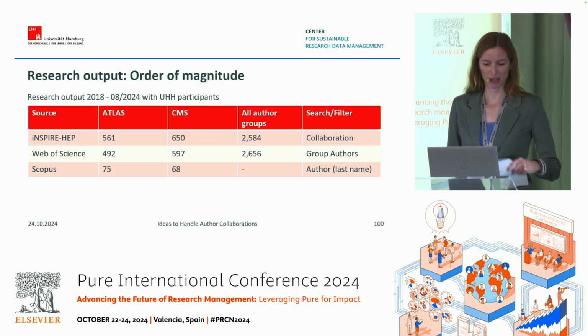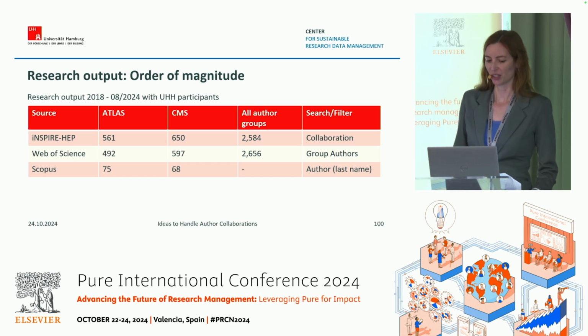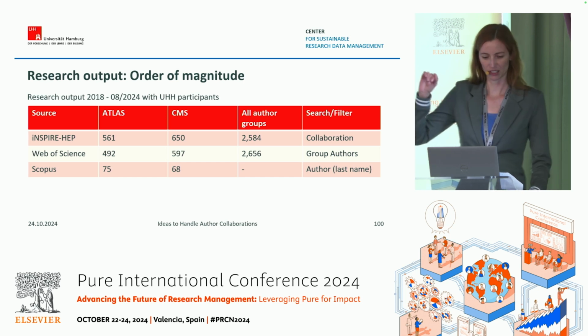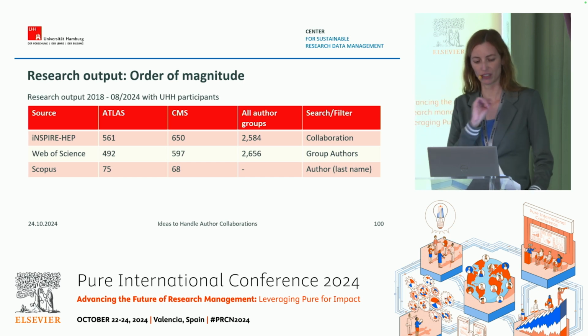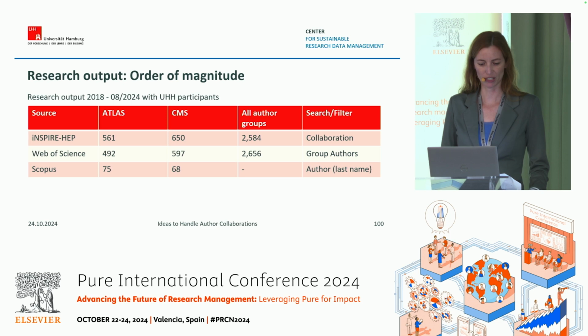When we have a look at the research output between 2018 and August this year, you can see on the left there are some different databases. InspireHub is a physics-specific database. I think you all know Web of Science and hopefully Scopus. When you compare the first 2 databases, InspireHub and Web of Science, you can see that the numbers are comparable.